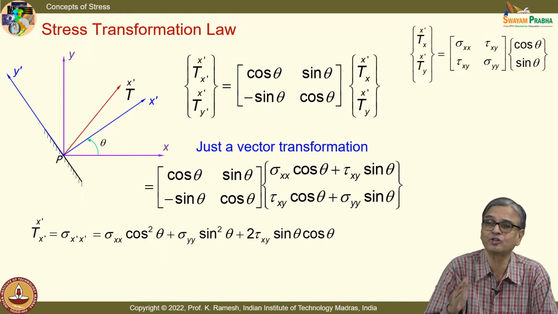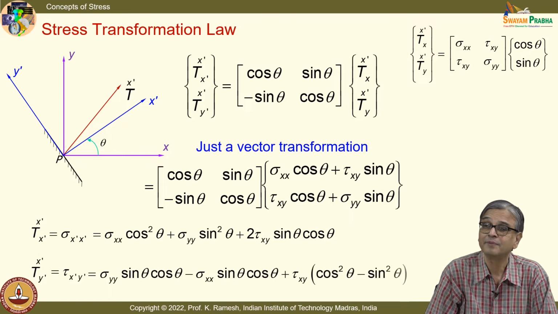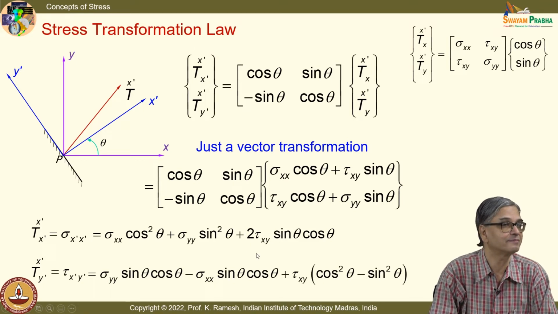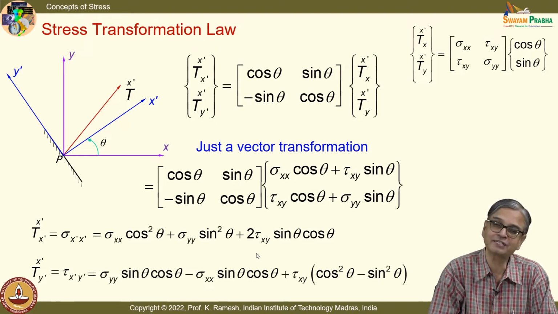From first principles you can always derive it, but it takes time, and some of you have very good memory. You may even memorize these expressions, but when you come to the examination, you will be confused whether it is plus 2 tau xy or minus 2 tau xy, because in the expression for sigma y prime, I will have a negative sign.